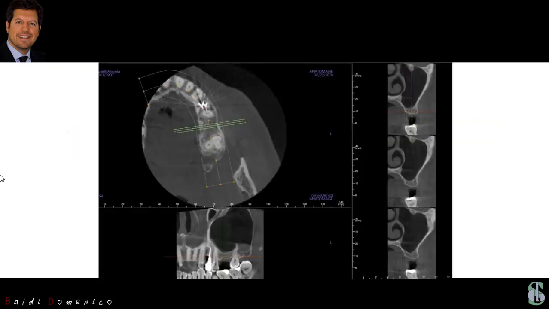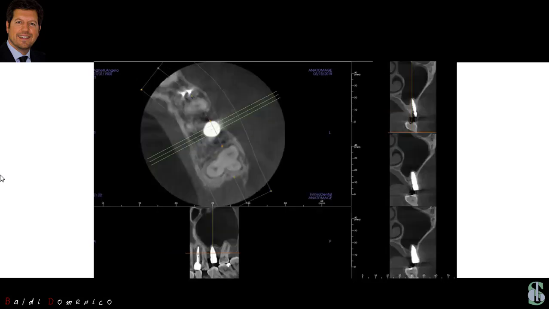Again, if we analyze the CT at the beginning, we saw how thin the bone was in the molar zone, and if we see the final placement of the implant, we can also appreciate how it is possible to elevate the internal cortical bone without cracking it.